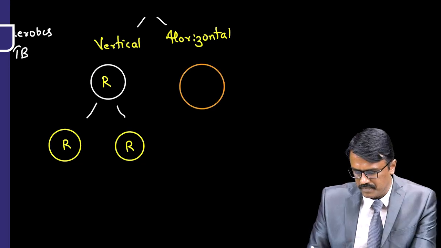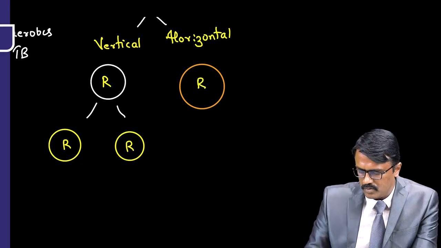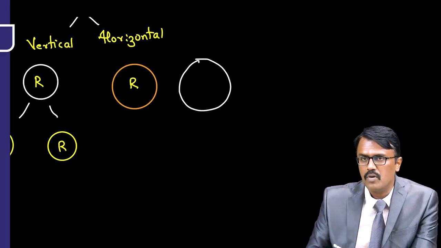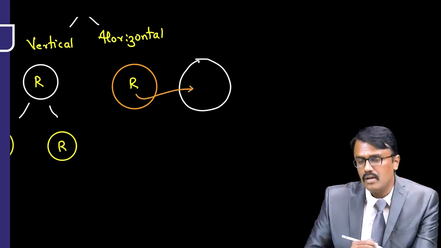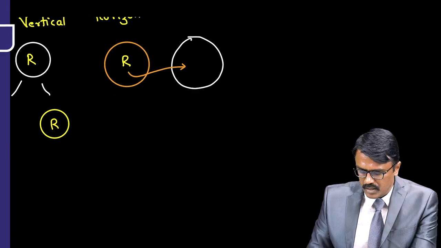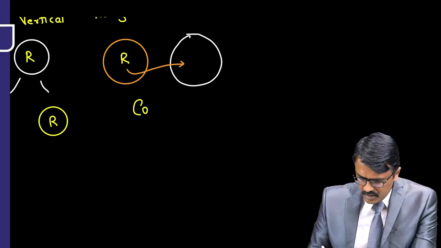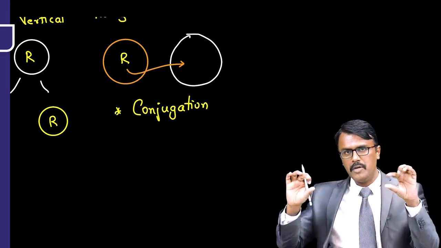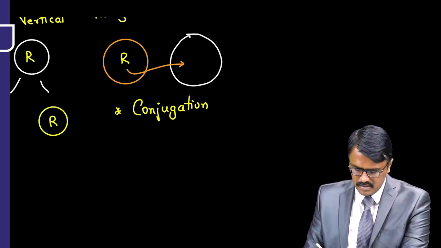There is one more concept called horizontal transfer. One bacterium has resistant genes, and there is one more bacterium which doesn't have that resistance. When they come closer, there is a chance that this resistant gene can go to the sensitive bacteria. There are processes for that, which you would have studied in microbiology. That is called conjugation, which means forming a sex pilus, a tube-like structure between the bacteria, and from there the gene gets transferred.